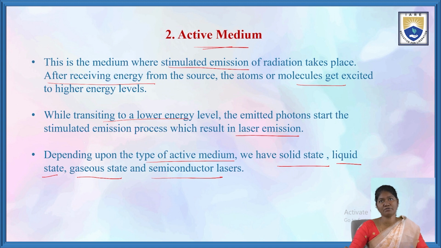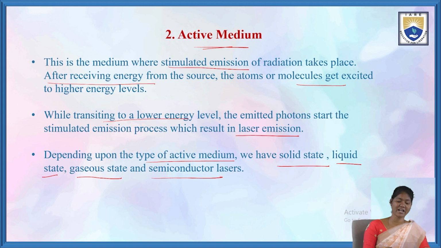This emitted photon interacts with the electrons at the metastable state so that they fall back to the ground state, emitting photons as they fall.